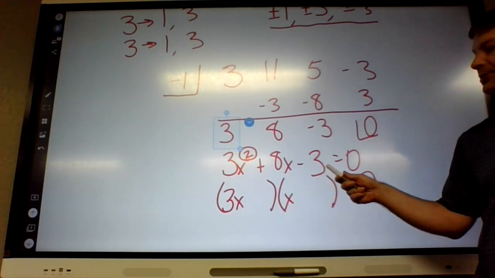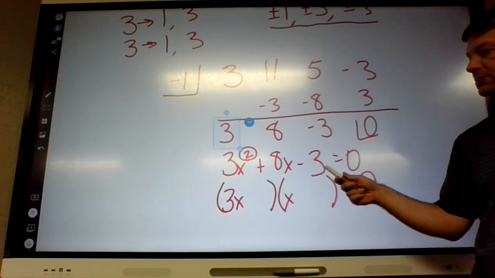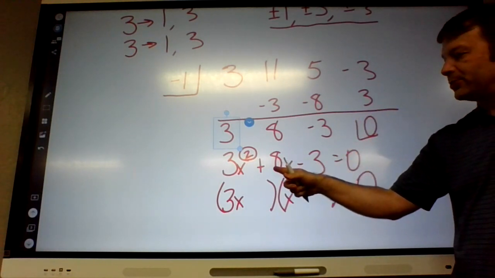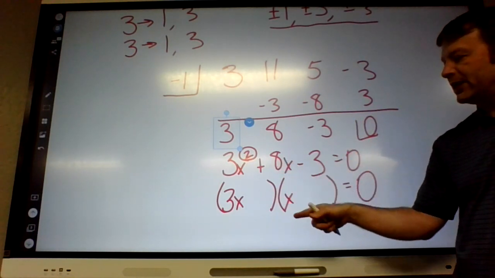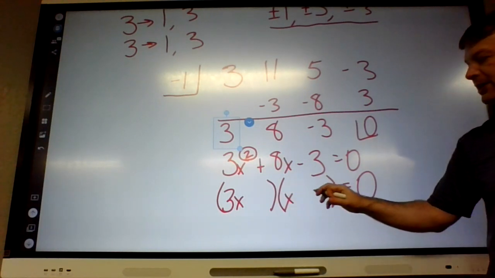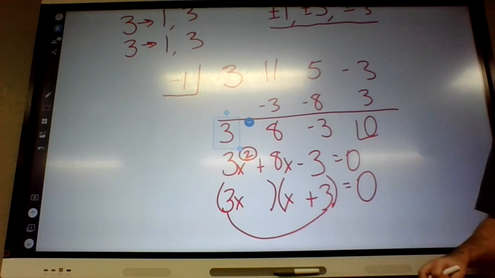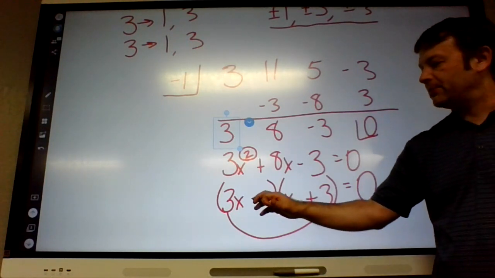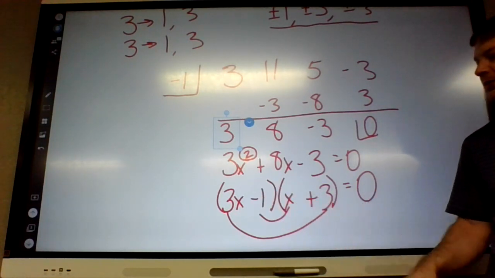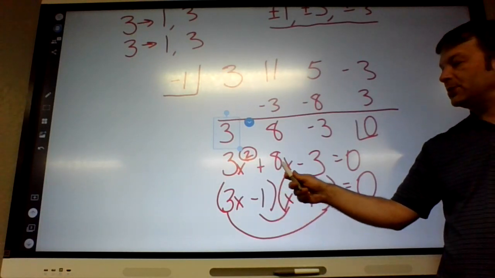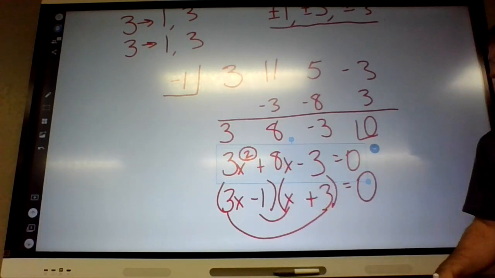And in the back, what goes into -3? Like 3 and -1. So we have to put it in such a way that the FOIL outside inside adds up to 8. If I put my 3 out here, that makes 9x. And then the -1 right here, that'll bring it down to -1x. So that'll make 8x.